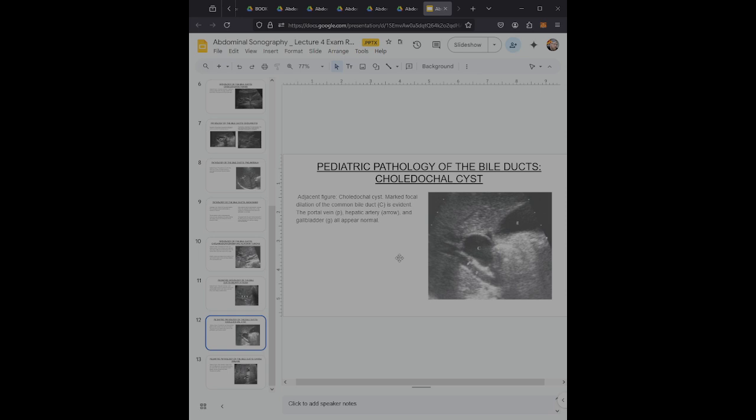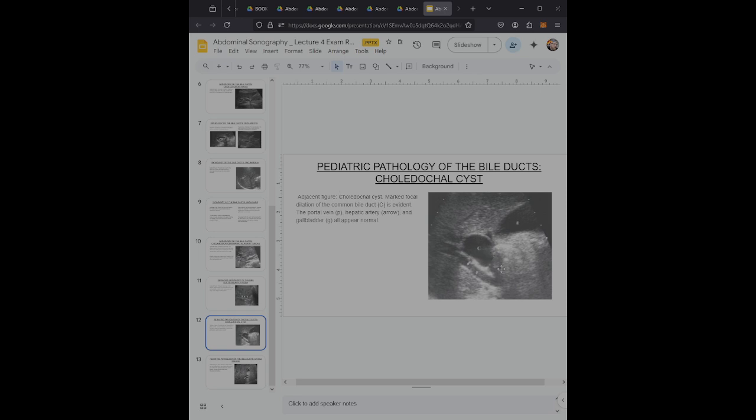Patients with these kinds of cysts present with an abdominal mass, jaundice, pain, and fever.